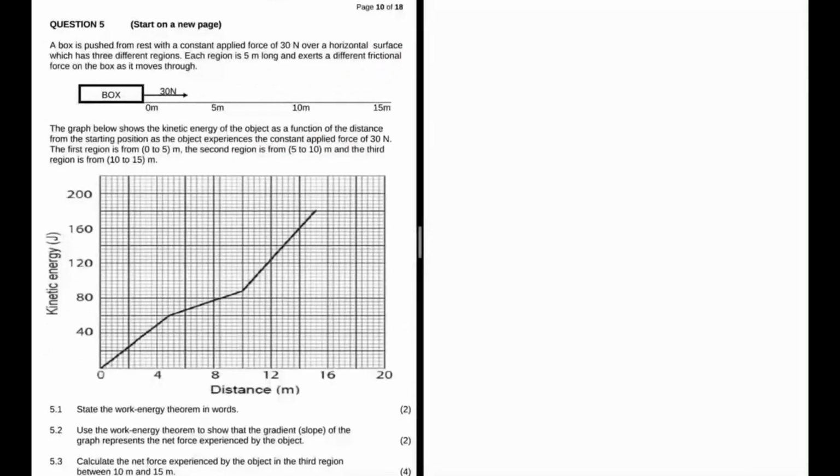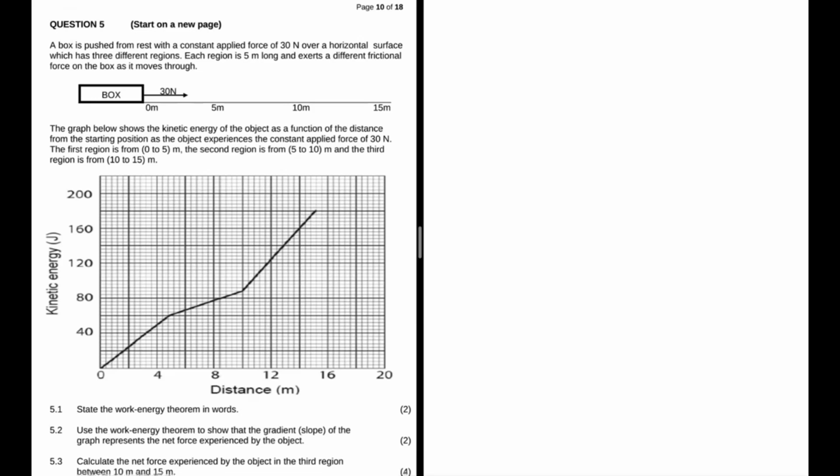A box is pushed from rest with a constant applied force of 30 Newton over a horizontal surface which has 3 different regions. Each region is 5 meters long and exerts a different frictional force on the box as it moves through. And then we have a diagram there that clearly demonstrates what the statement is saying.